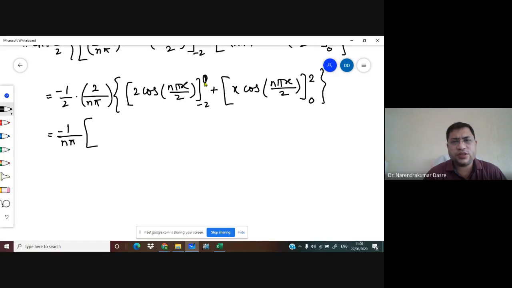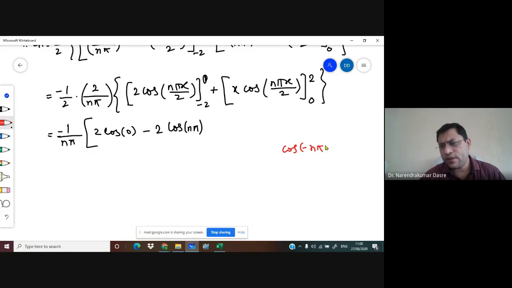Now apply the limits. So if I apply 0, I'll be having twice cos of 0 minus twice cos of n pi. Okay, because I'll put this minus 2, I'll be having cos of minus n pi. So cos of minus n pi is same as cos of n pi, as cos of minus theta is same as cos theta.